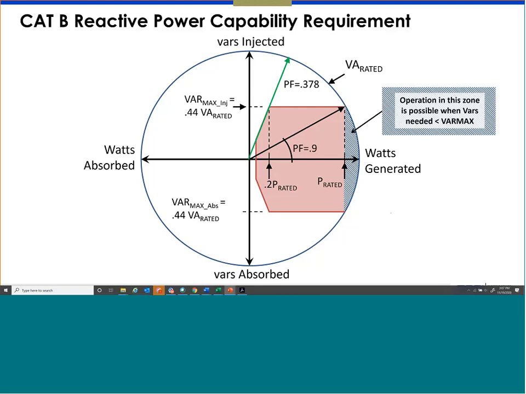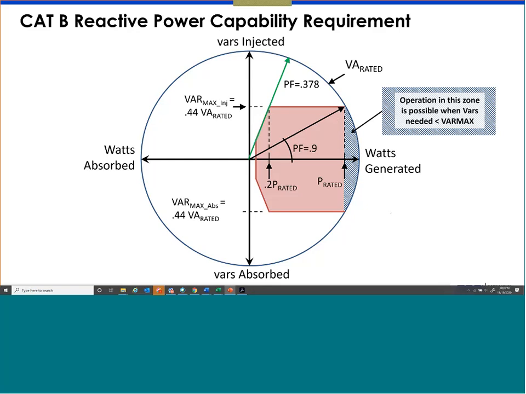That will not be allowed. So if it's operating somewhere here and there's a volt-var or power factor need for this much reactive power, then it has to immediately reduce the power and go there. So that's what is being added: okay, you can go there, as long as you come back and give me the reactive power when needed. So far, that's the minimum requirement and what is allowed.